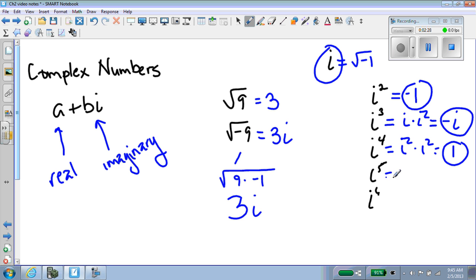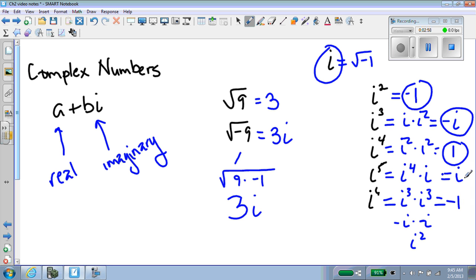So i to the fifth might be i to the fourth times i. So 1 times i, that would be i. i to the sixth might be, I could say i to the third times i to the third. Lots of ways I could say it. So that would be negative i times negative i, which would be positive i squared, which would be -1.